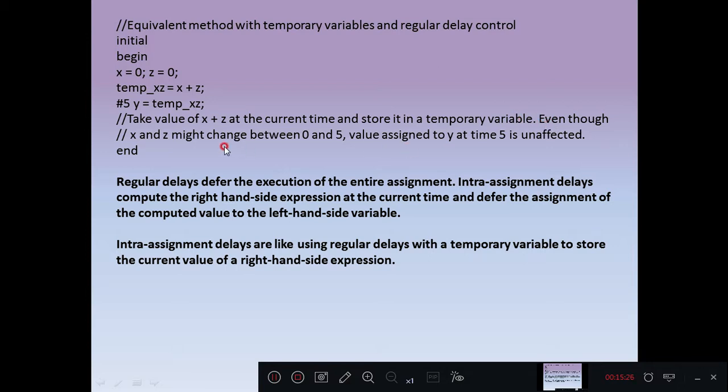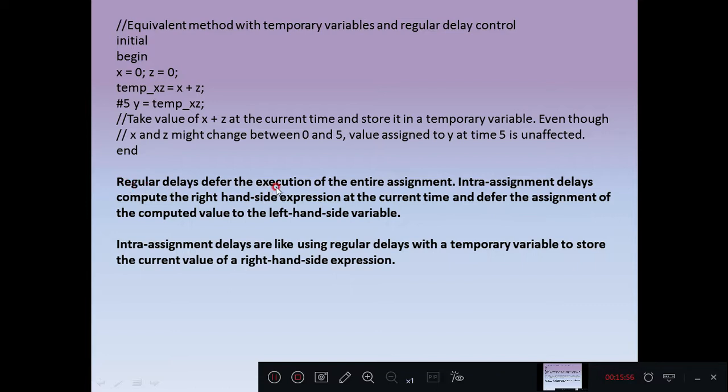Even though X and Z might change between 0 to 5 time units, the value assigned to Y at time 5 is unaffected, because you have calculated the value from the original values of X and Z, prior to the change.